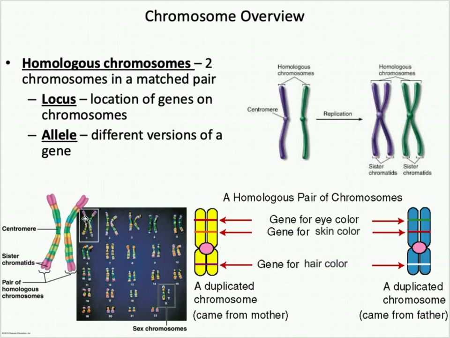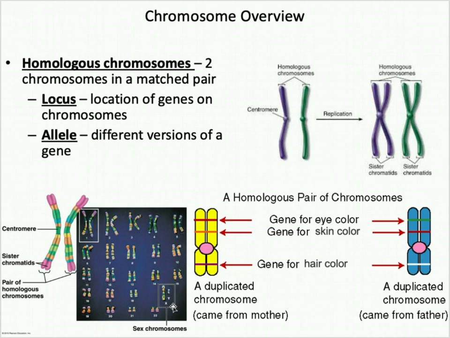You see that they're about the same length. Their centromere location is the same. They will have the same genes, and their staining pattern is the same.